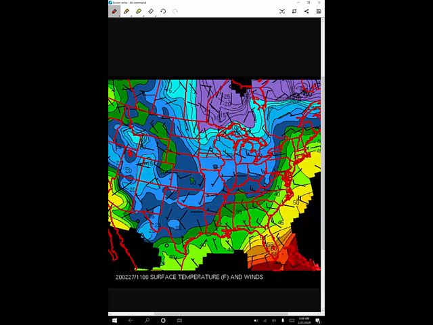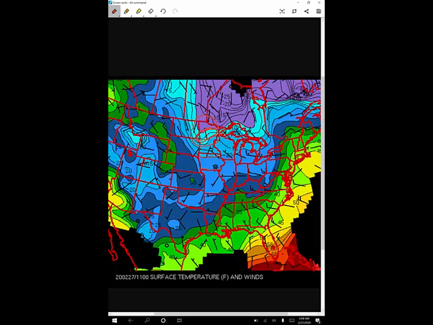So if I look back to our north, I see northerly winds up in Minnesota, and there's a 5 to 10 degree temperature difference across northern Minnesota. However, notice that the wind speeds here are only 5 knots.